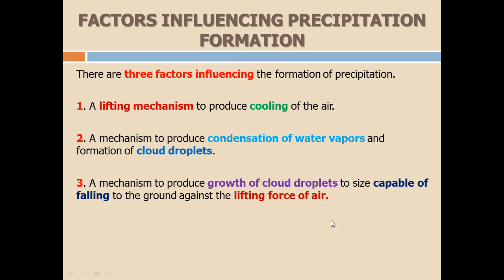Number 1 is a lifting mechanism to produce cooling of the air. Number 2 is a mechanism to produce condensation of water vapors and formation of cloud droplets. And the last step is a mechanism to produce growth of cloud droplets to a size capable of falling to the ground against the lifting force of air.